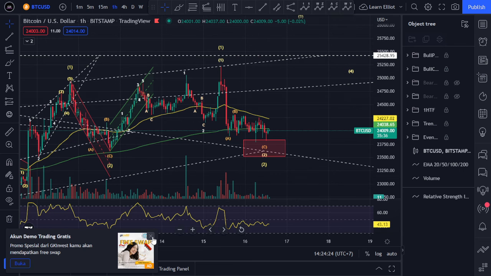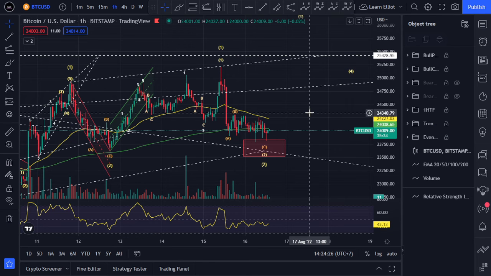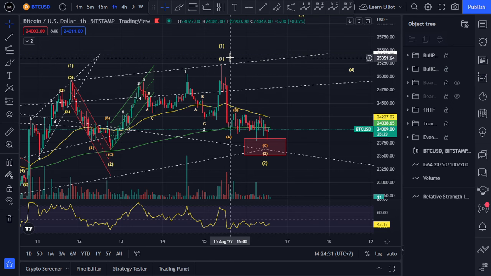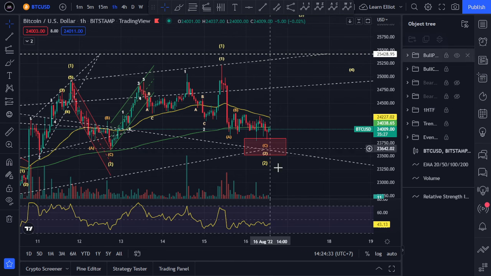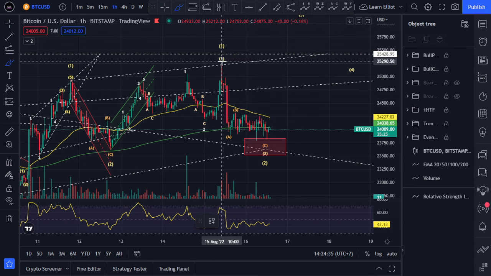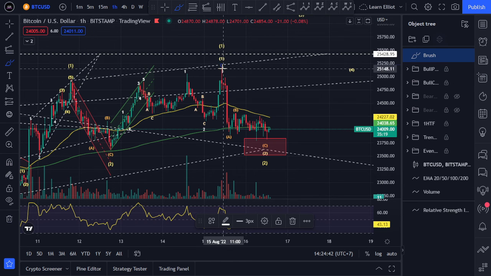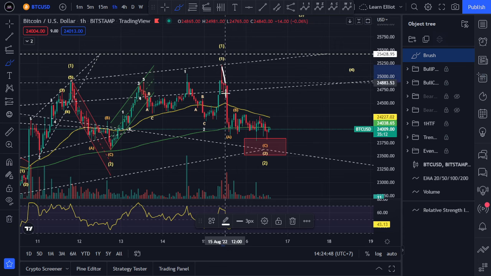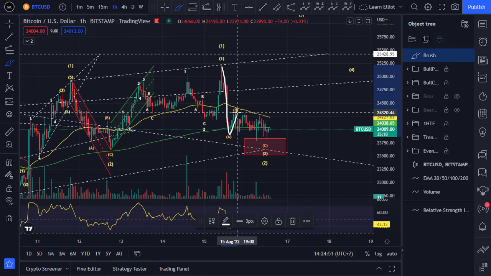Okay, so yesterday in my last video I talked about how we are still missing the C wave from the ABC correction. So from the $25,200 high here, we have an ABC correction, a sub micro ABC correction. We have an A here and a B here, and I told you yesterday that we're still missing a C wave.